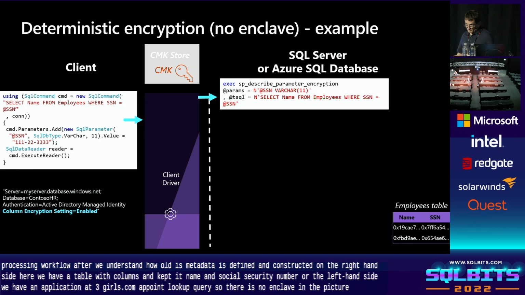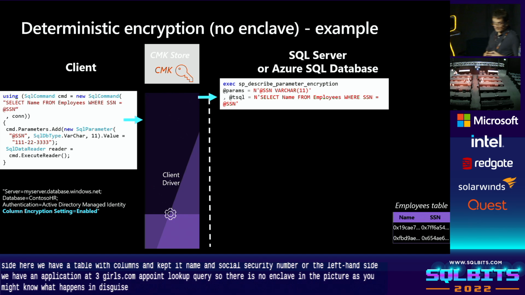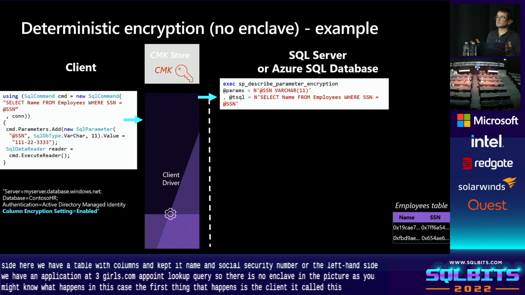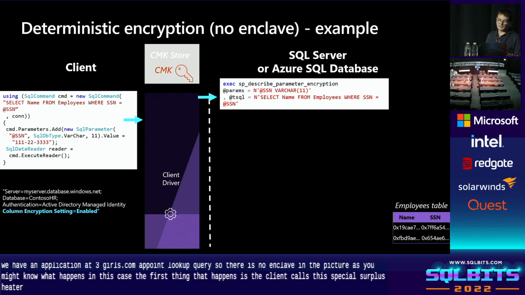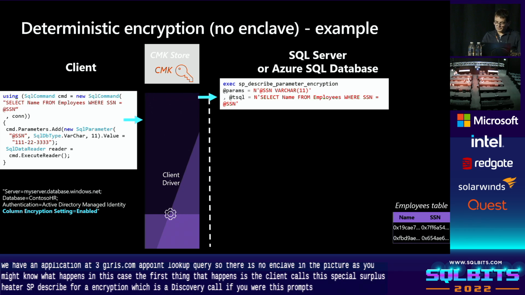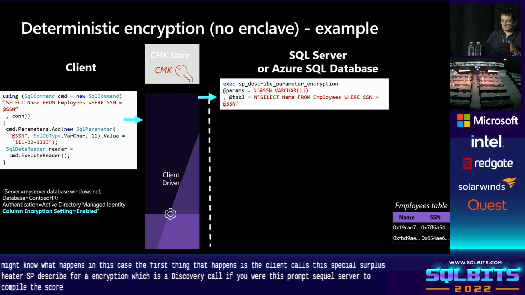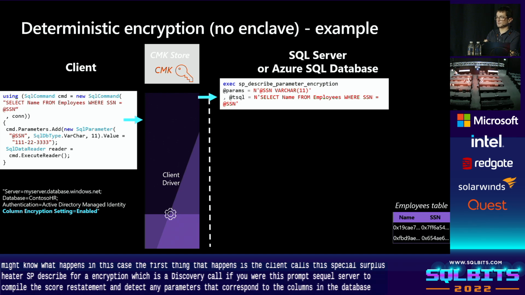As you might know, the first thing that happens in this case is the client calls this special stored procedure called sp_describe_parameter_encryption, which is a discovery call, if you will. This prompts SQL Server to compile this query statement and detect any parameters that correspond to columns in the database that are encrypted, okay?